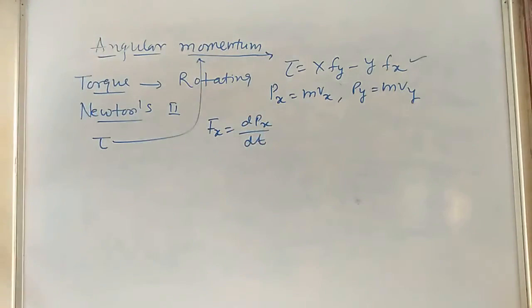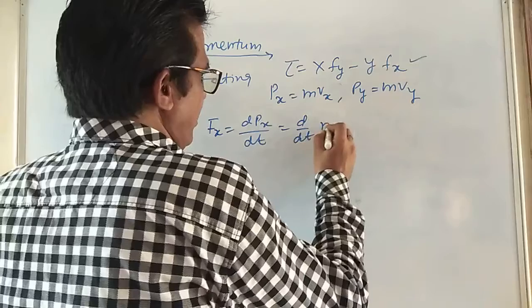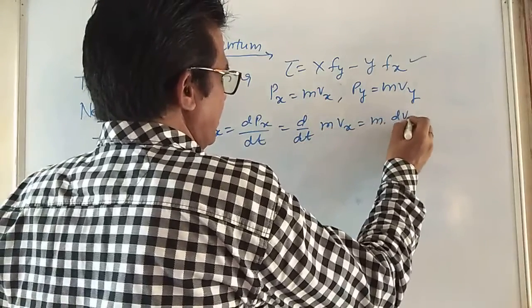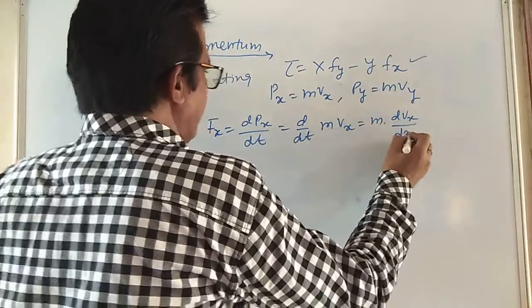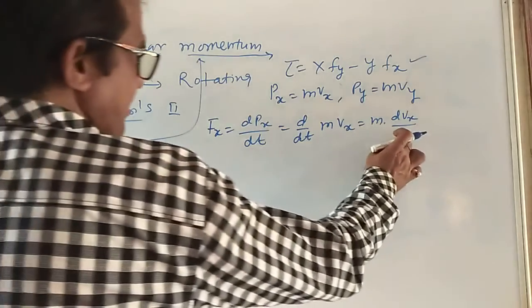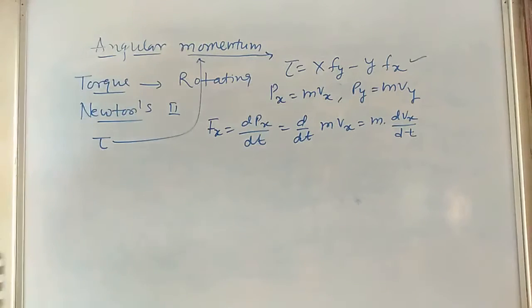Here, the differentiation d by dt of mvx, m may be taken common, so m dvx by dt. It's a silly mistake, it is dt.